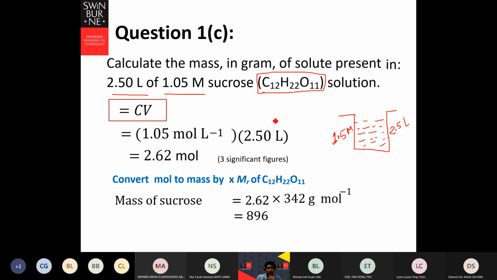So we always have to go back and forth between gram and molarity. Molarity we need to understand the strength, but gram we need to understand roughly how much we need.